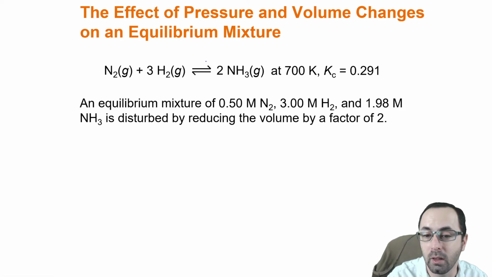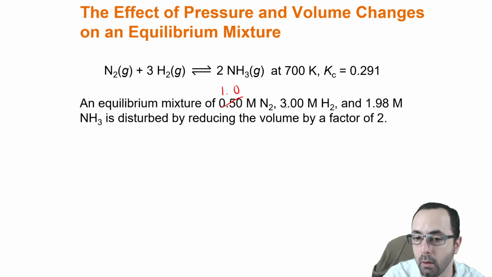So we're going to be doubling each of the concentrations. The new concentration for N2 is going to be now not 0.5, but 1.0 molar. The new concentration for H2, if we squeeze the volume in half, will be 6.00 molar. And the new concentration for the NH3 will be double this one. It will be 3.96 molar.